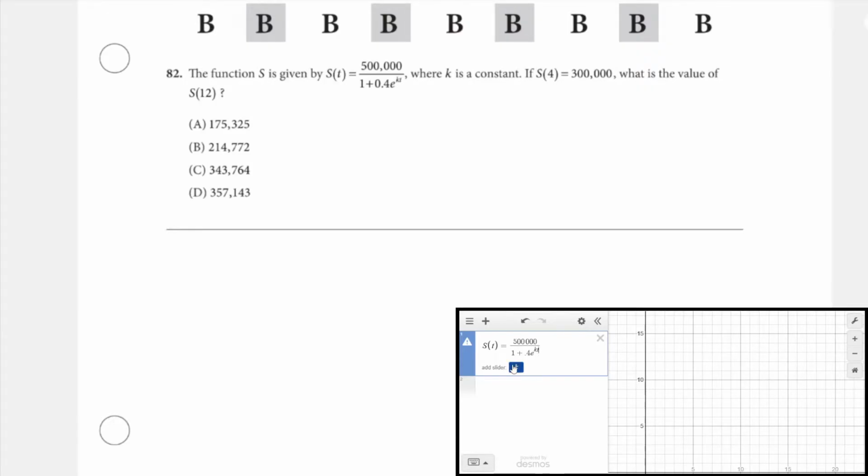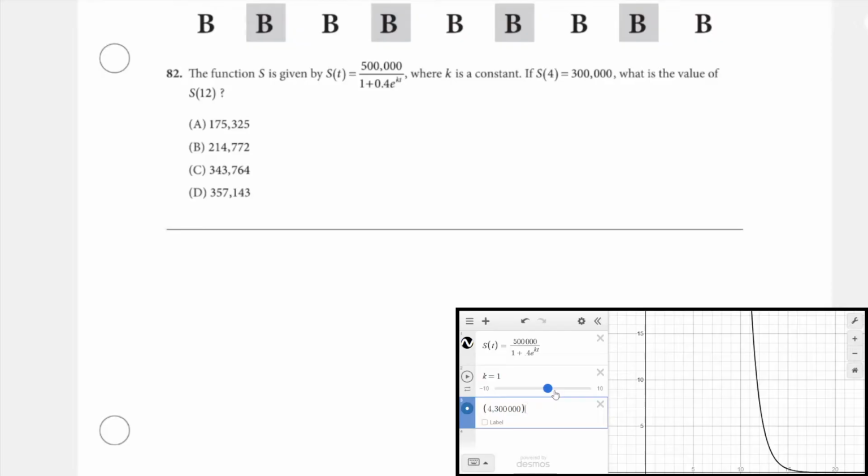I've got to think there's some sort of way. If you want to do it the entirely calculator way, you're going to plot the 0.4 and 300,000. You would have to change the window and let k on the slider go up to a large value and kind of move the slider. I want to do it a little bit more mathematically.